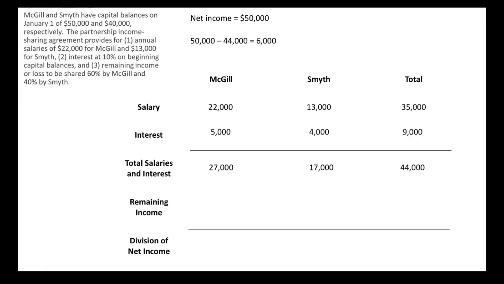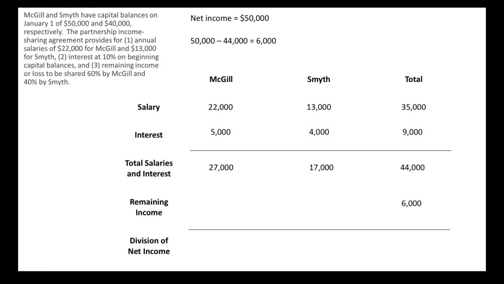So that tells us that we have $6,000 left after salaries and interest, right? We take that net income and we subtract out that $44,000. So we have an extra $6,000 to play with here. So we can put that $6,000 in the total column for remaining income.